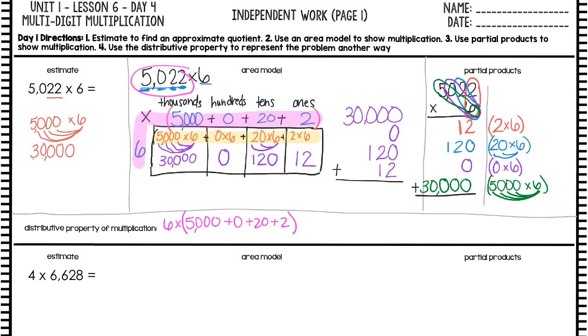And I'm going to put parentheses around these because they were each a different step that we did. So I will also write 5,000 times 6, that's in parentheses because that was one step, plus the next step, 0 times 6, plus the next step, 20 times 6, plus the next step, 2 times 6.